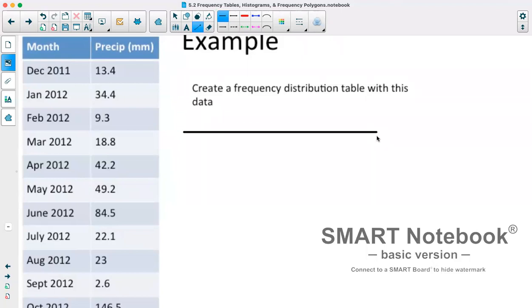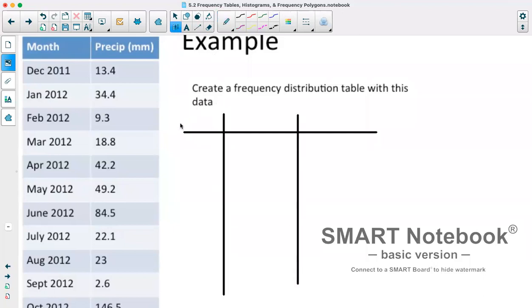What I tend to do when given data like this is create essentially a 3-column table. The first one will be the title of what we're measuring, so we had precipitation. This one I'll just call tally, because as we go through, I'll mark little tallies in. And then over here we'll have our frequency, which we add up from those tallies.